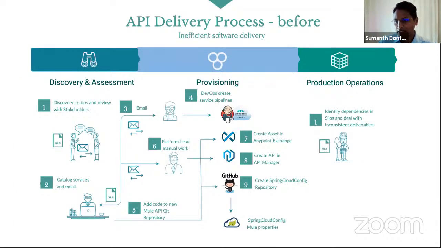The delivery process before we had all this: during the discovery and assessment phase, we used to have constant email communication, and we used to catalog some of it in Excel spreadsheets, and different teams used different tools here. We used to catalog these services, and we used to send information to the DevOps person, either by email.